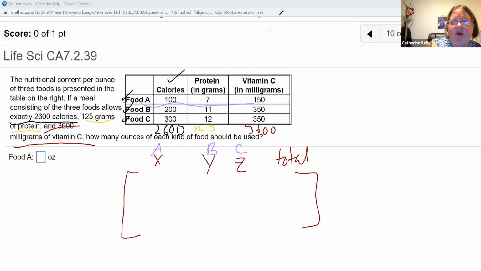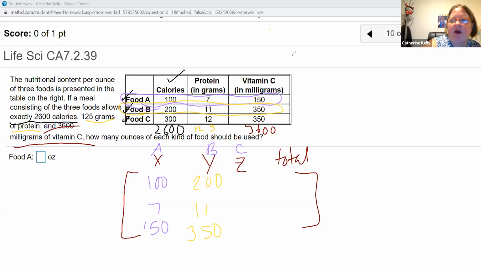100, 7, and 150. So I'm going to say 100, 7, and 150 because those are my A values. My B values are 200, 11, and 350. So I'm going to say 200, 11, and 350.